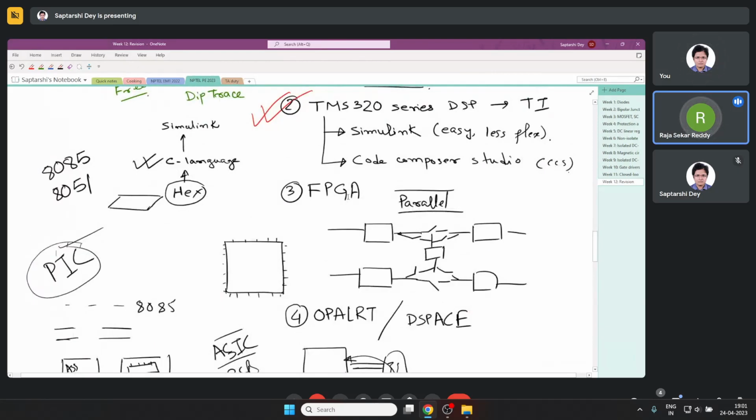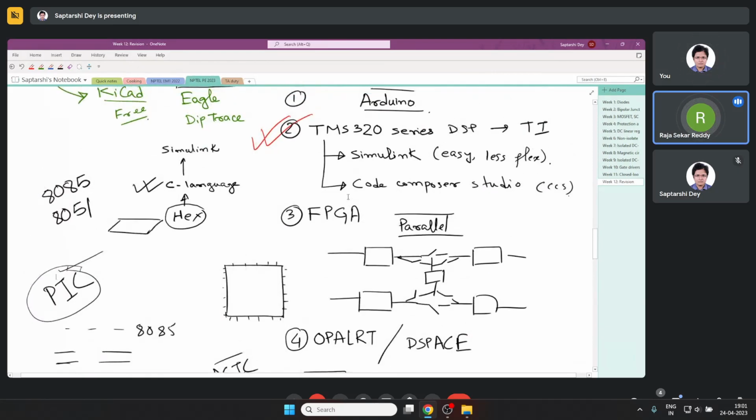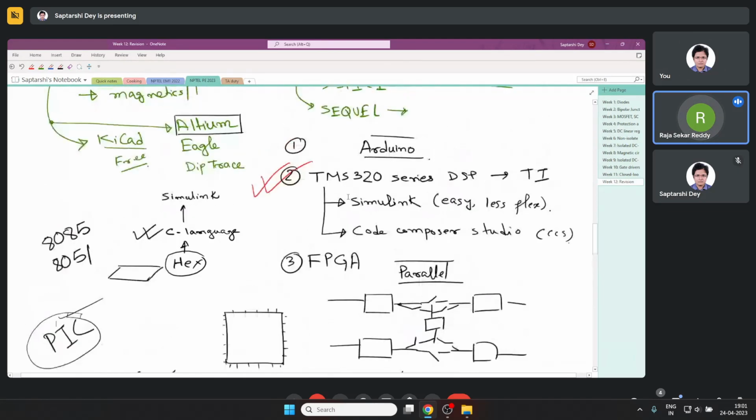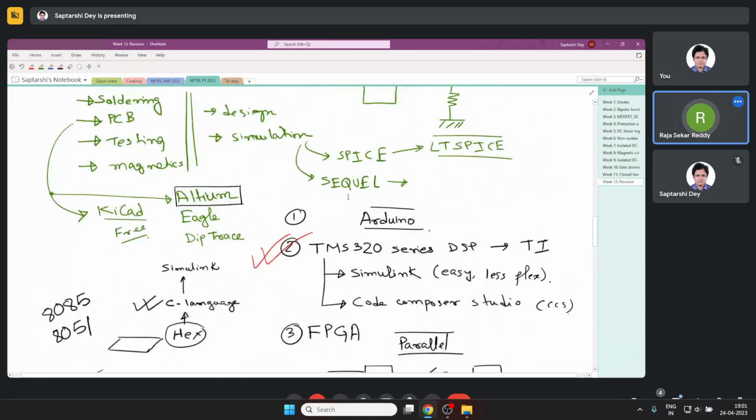This Code Composer Studio program we can learn; the online tutorials are there, sir. Online tutorials are difficult, I don't know. Try to find out if any IITs are arranging it. Like in our university, Professor Mukul Chandorkar teaches this.